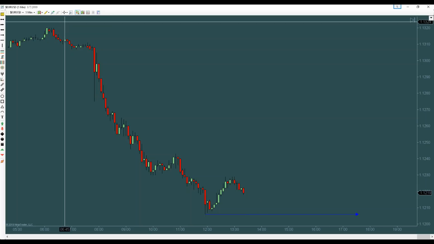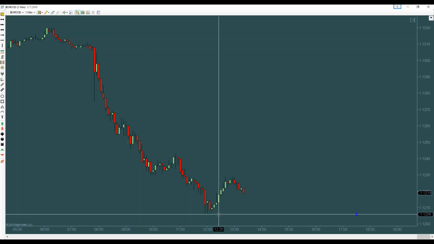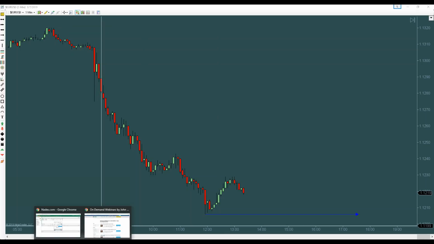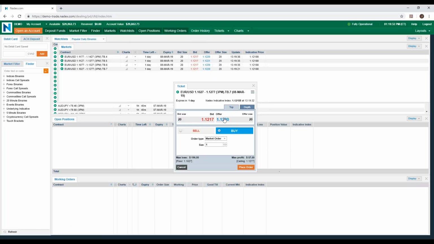Well, where's that at? Where's this low at? It's at 1206. You see that? 1206. Where would we buy this contract at if we were buying this one? Okay. Well, right here, it'd be 1220. So what's the difference of 1220 and 1206? It's 14 pips, right? $1 a pip, that's how much? $14.